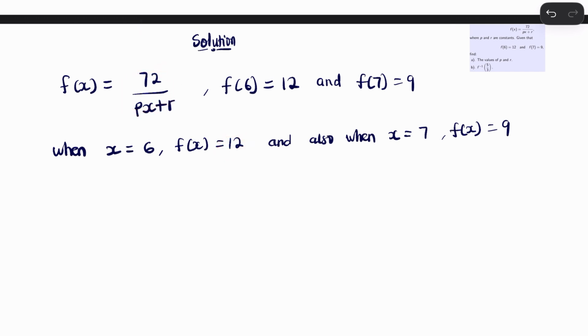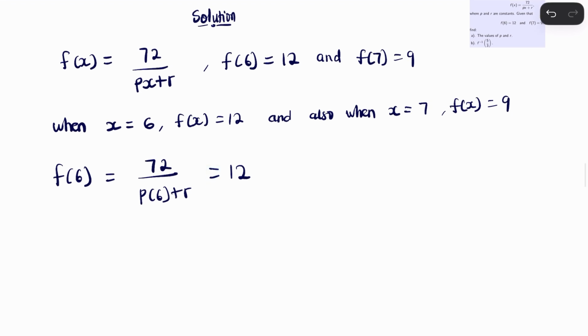So we have f of 6 is equal to 72 divided by p times x, but x is equal to 6, so p multiplying 6 plus r. And this function value is equal to 12. Now let's simplify. We are going to have 72 divided by 6p plus r is equal to 12.